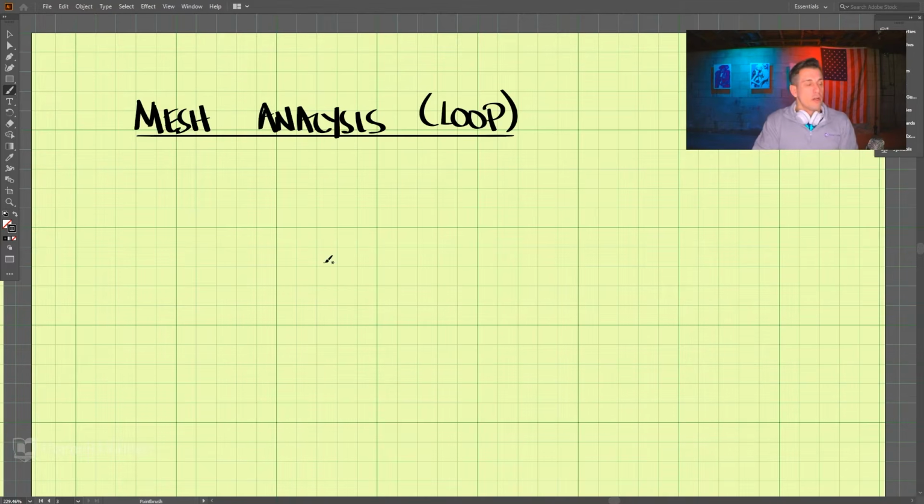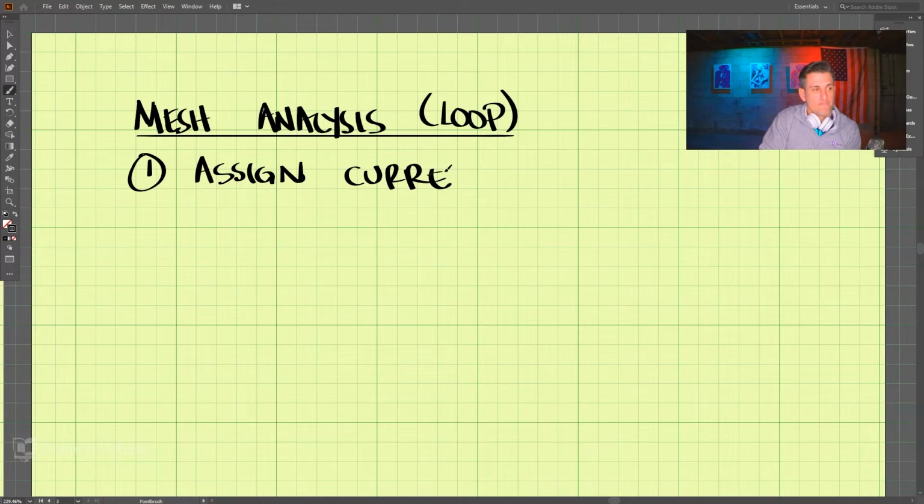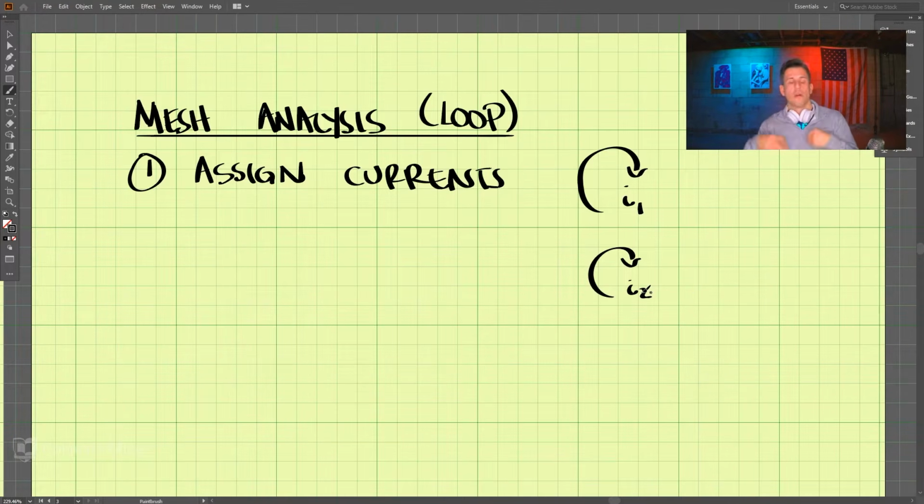And this has similar steps to the nodal analysis. But step 1, we assign currents. So we assign currents I1, I2, I3, I4, I5, so on. We assign those currents. And in nodal analysis, we use KCL, Kirchoff's current law.